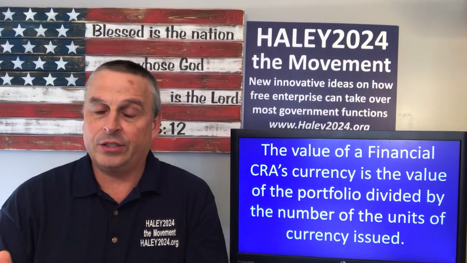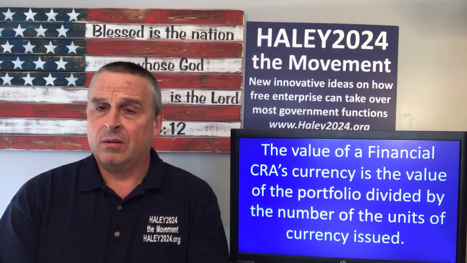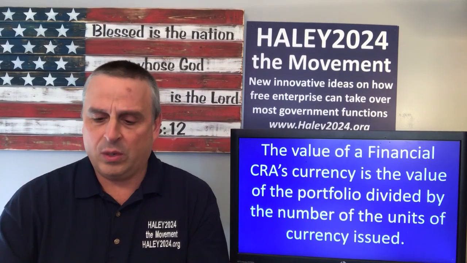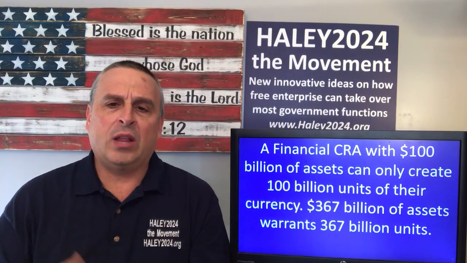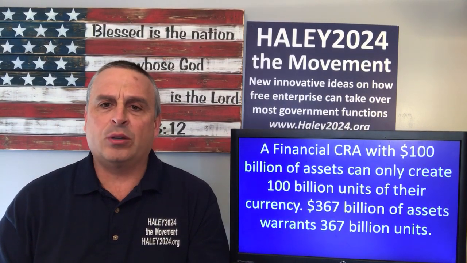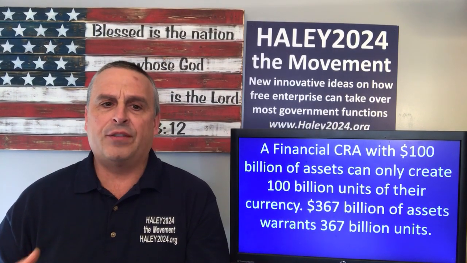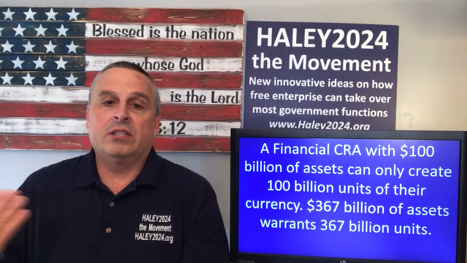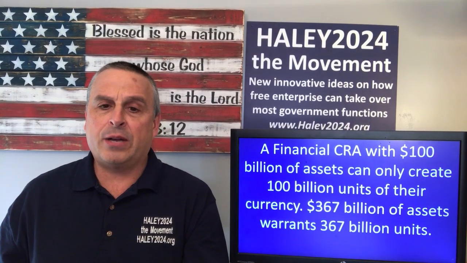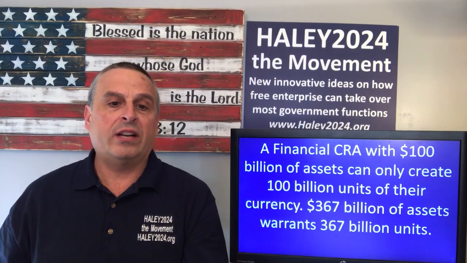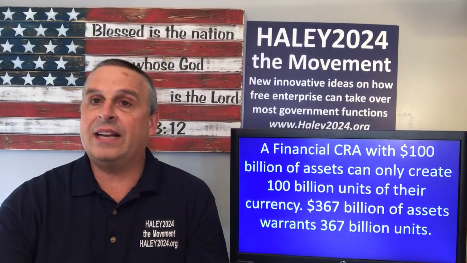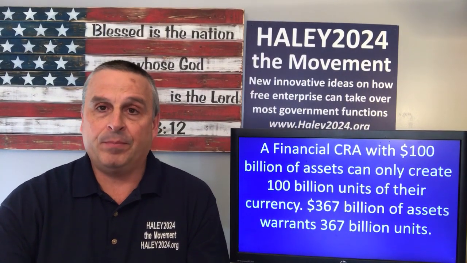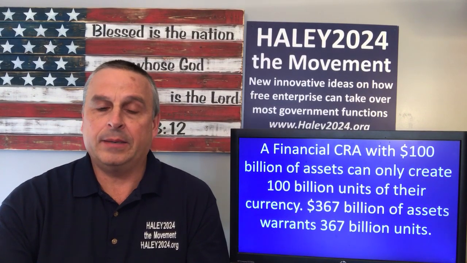It has to match. Highly important. And we'll talk about how the whole system's going to force that anyway. Okay. A financial CRA with $100 billion of assets can only create 100 billion units of their currency. $367 billion of assets warrants 367 billion units. We just went over that. Just want to clarify that. Make sure there's no misunderstanding.